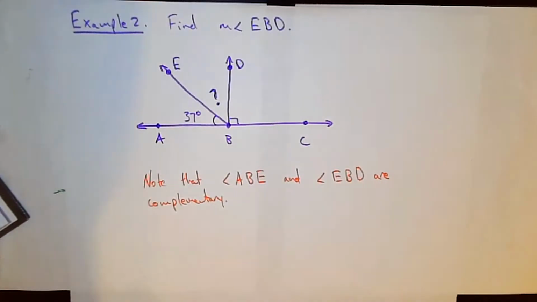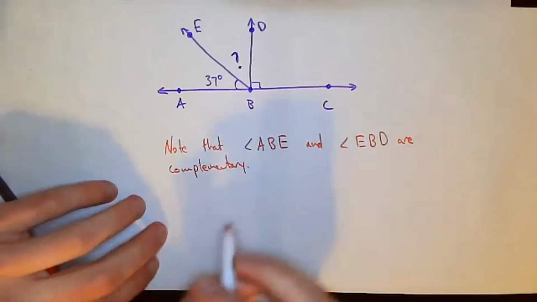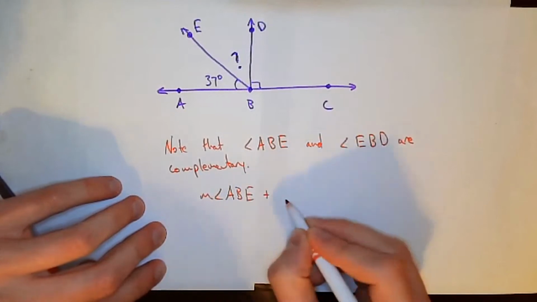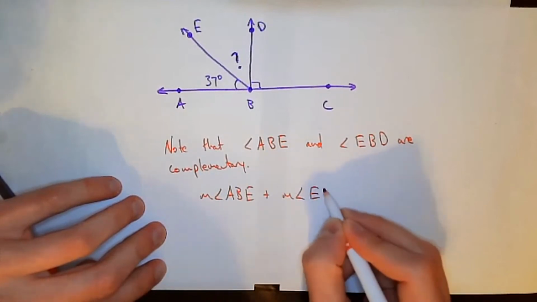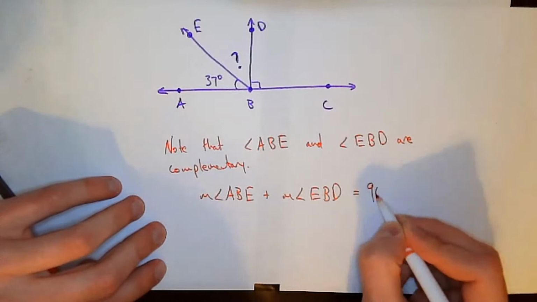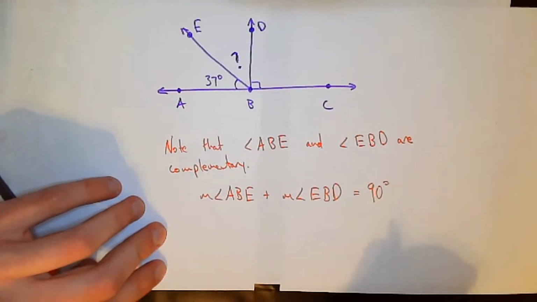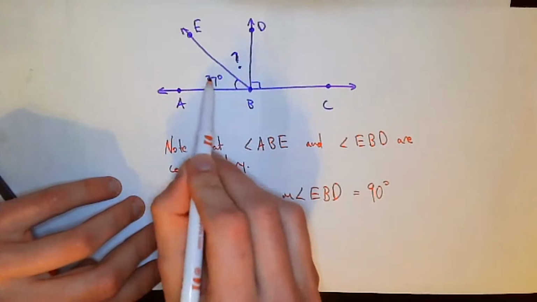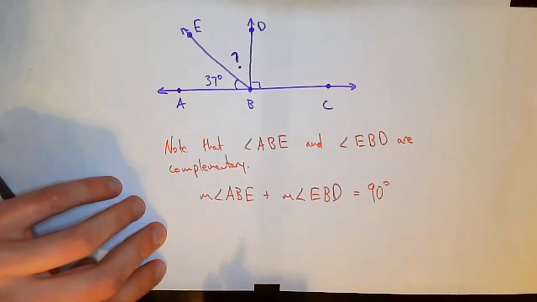Because together they build a right angle. Their angle measures should sum to 90 degrees. So that means if I take the measure of angle ABE plus the measure of angle EBD, I will get 90 degrees, because I know this angle right here is 90 degrees. So if I add this piece and this piece, I should get 90 degrees.